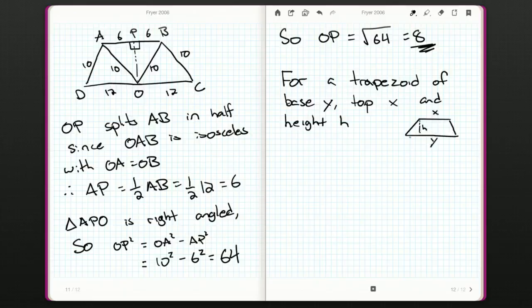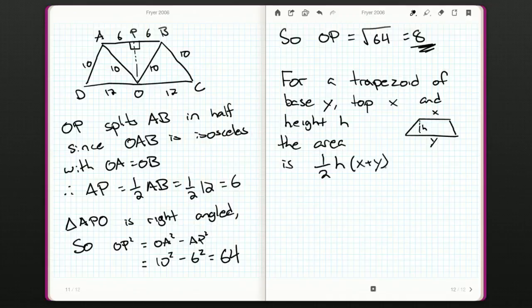So if we have a base length of y, a top length of x, and a height of h, we have a formula for the area. It's 1/2 h times x plus y.